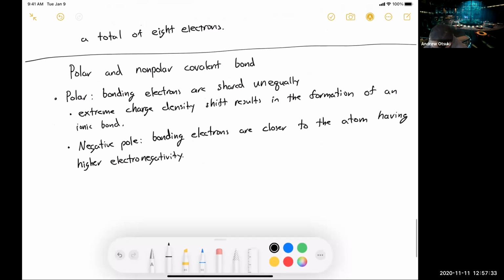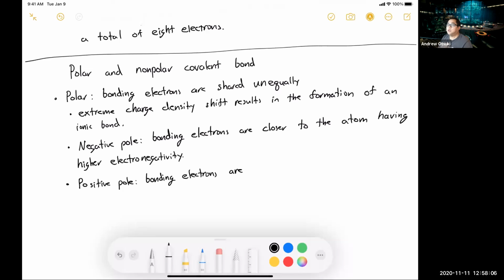Okay, so positive pole is just the opposite. Remember, if you're polar, you have positive and negative poles, just like the Earth has the South and the North Pole. A positive pole is where bonding electrons are seldom close.